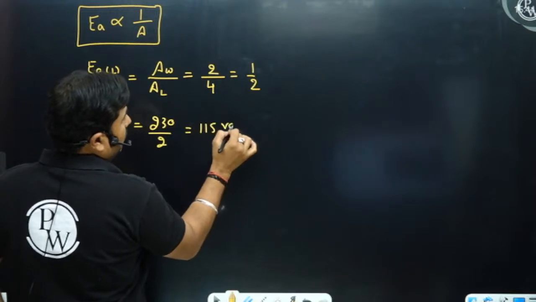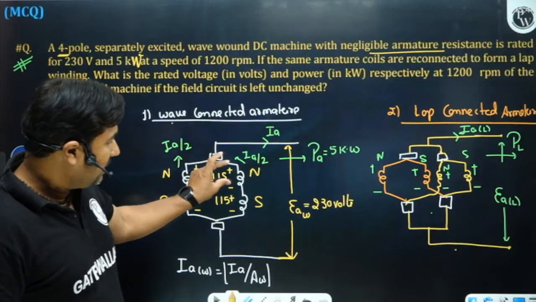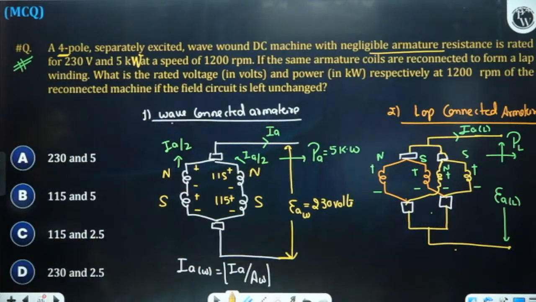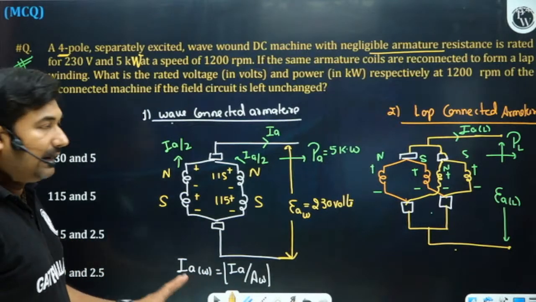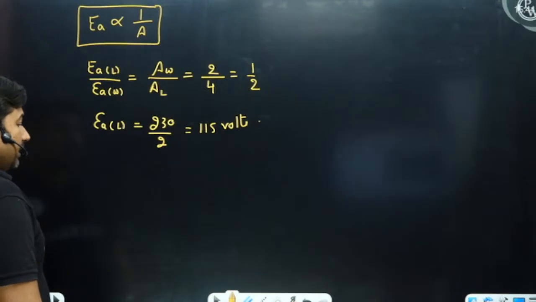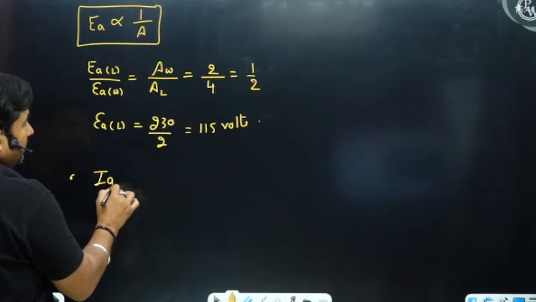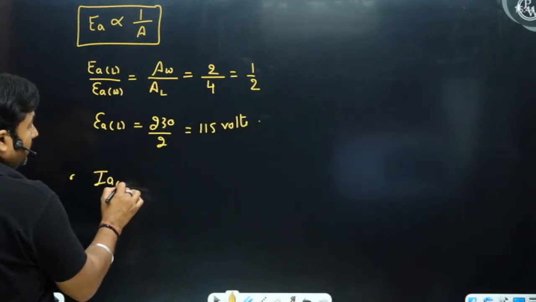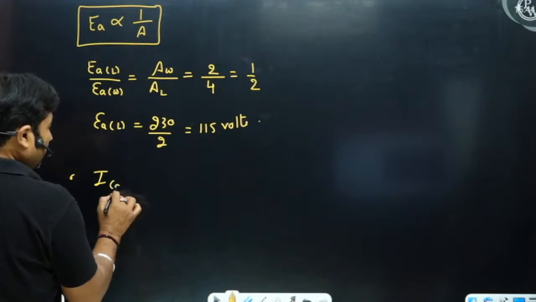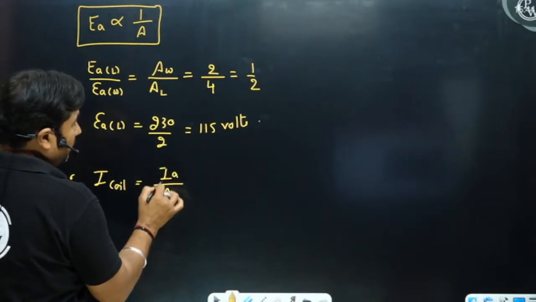I am hoping all of you are able to understand this with the help of this diagram as well, because same coils are being connected as a lap. Okay. What about the current? Coil current is equal to armature current upon number of parallel path.